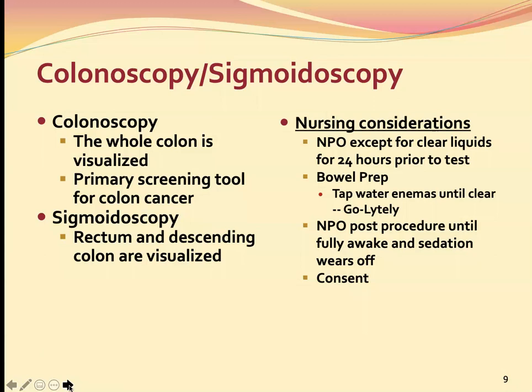And then sigmoidoscopy is almost like an EGD, but it's coming from the other end, and so it only visualizes the rectum and descending colon. So if something is suspected and this is the test that will be done, and they don't find a conclusive diagnosis, then they'll have to do a whole colon scope, which is the colonoscopy.